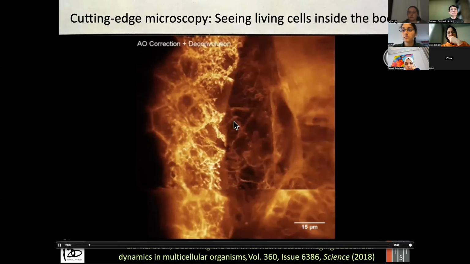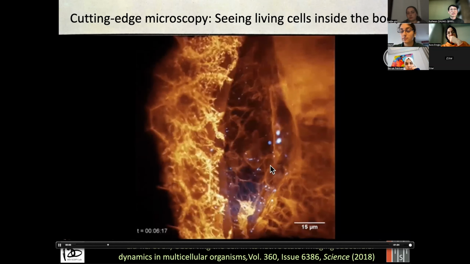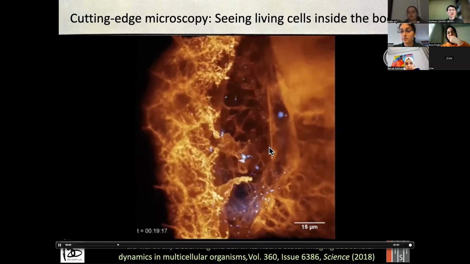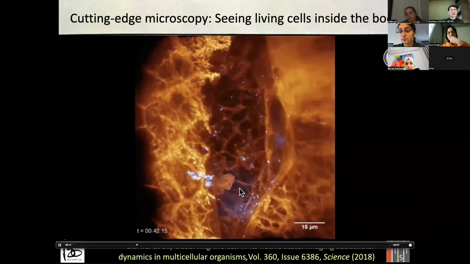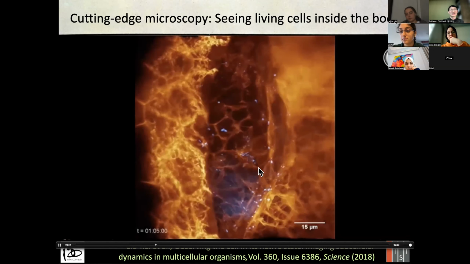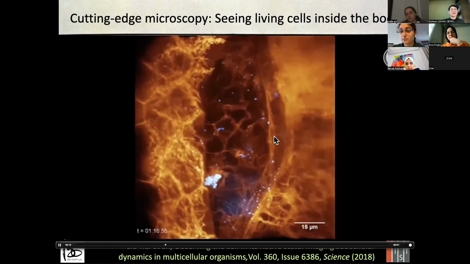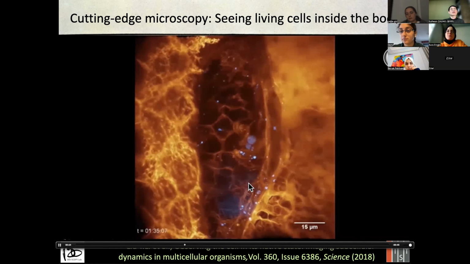So, system correction, and you can see this. These blue dots are some kind of sugar molecules, and these are dendritic cells taking up these blue particles. This is real time in a multicellular organism.